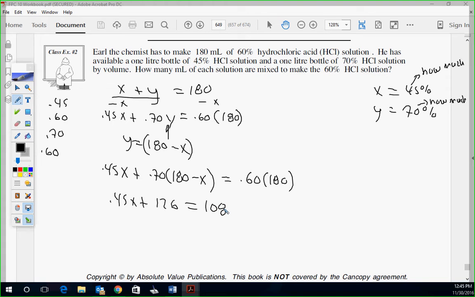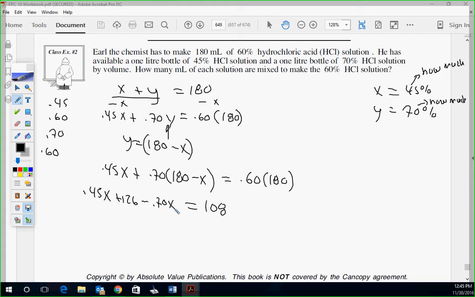Okay, so that's where we're at. Is that right? Is it 108? Oh, I forgot something. It's 0.45x plus the 126 minus 0.7x. That's what I'm missing.